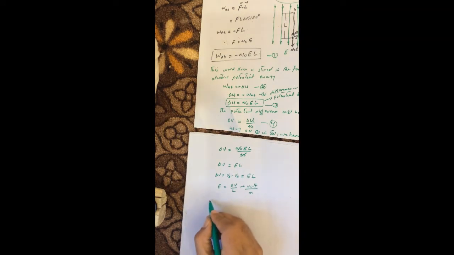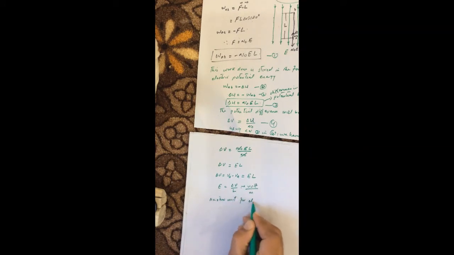So we have another unit for electric field, which is volt per meter, while previously the unit we used was Newton per coulomb.